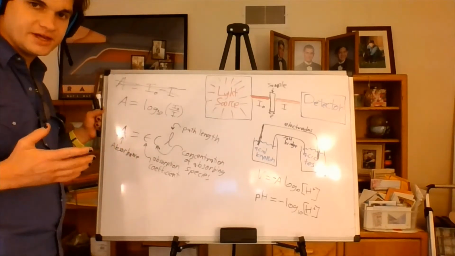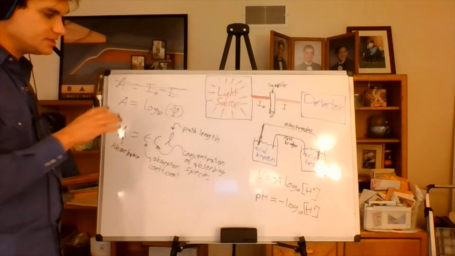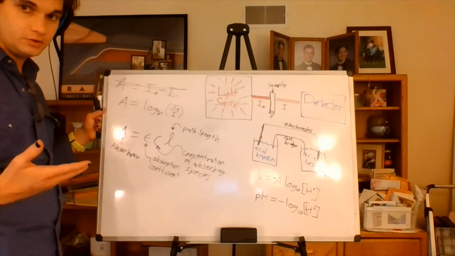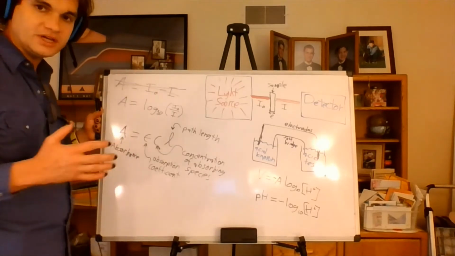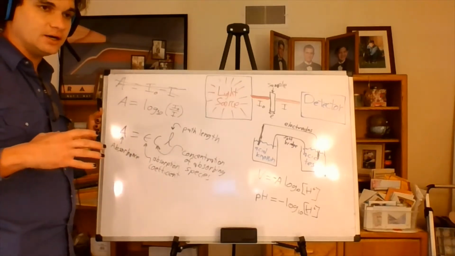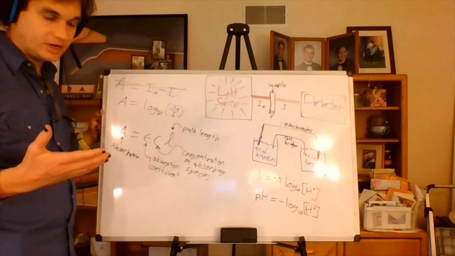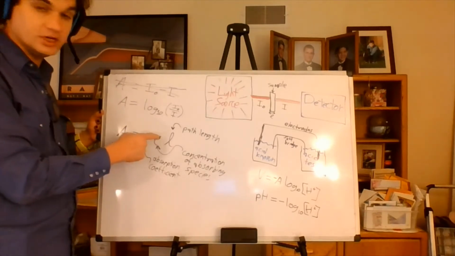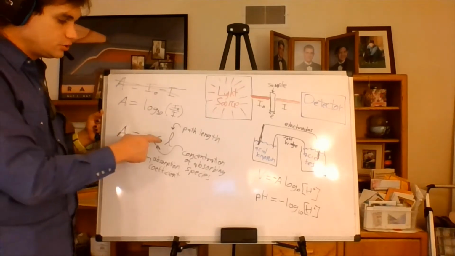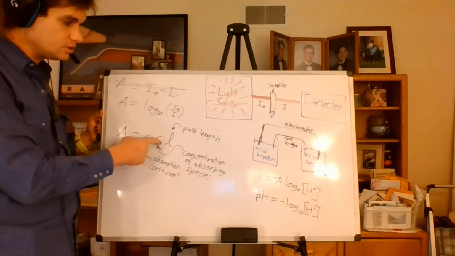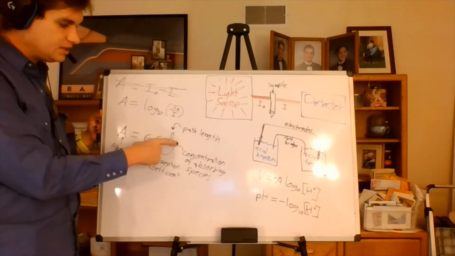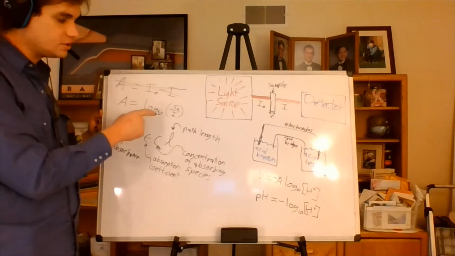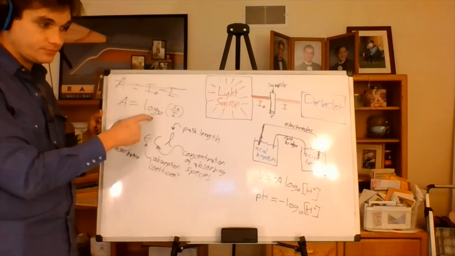The reason that I bring this up is because this is actually something that occurs over and over again. If you need to go from something that is what I consider easy to think about, such as the concentration of an absorbing species, to something that's easy to measure, such as the intensity of light, you often end up with an equation that involves a logarithm someplace.